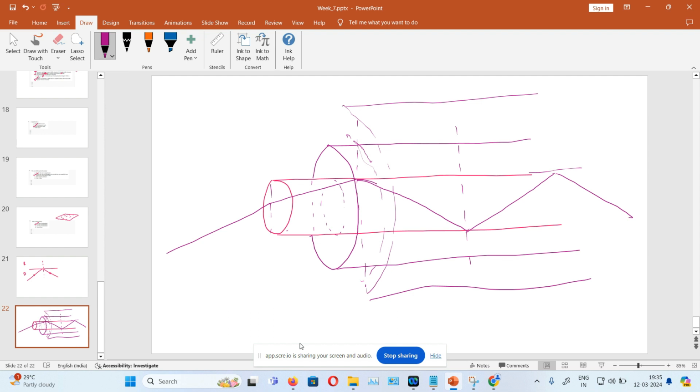Now, what can be done? The fiber we can use for sensing. It can be used for transmitting light from one place to another, and a bundle of optical fibers we can call a light pipe, which is used in endoscopy to understand what is happening inside our gut and other places.